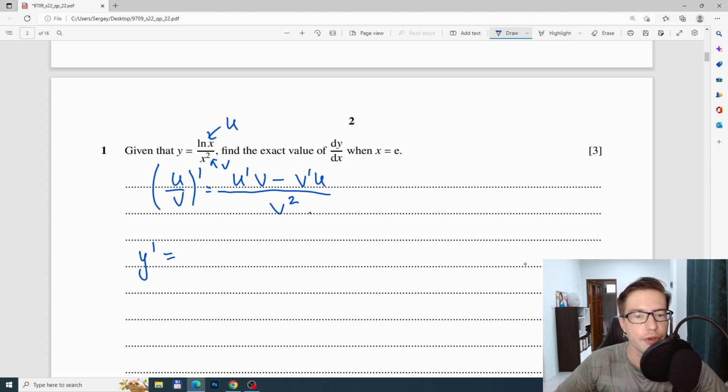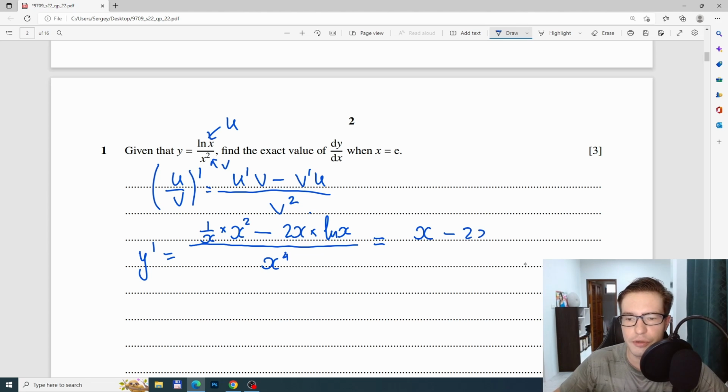So y derivative is going to be: first, the derivative of natural log is 1 over x times v, which is x squared, minus v derivative 2x times u, which is log x, divided by x to the power 4. Okay, so 1 over x times x squared is just x, minus 2x natural log x, over x to the power 4.